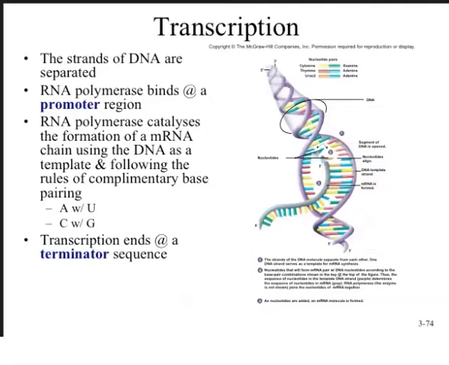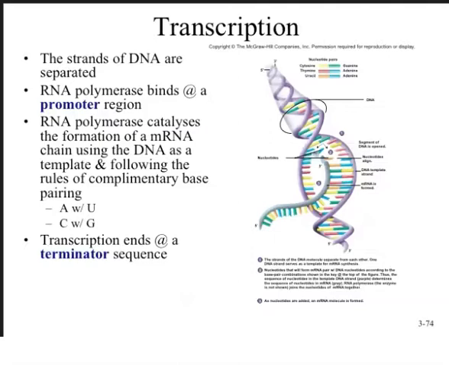It'll end at a sequence of DNA known as the terminator sequence, which contains sequence information that indicates to the RNA polymerase that it no longer needs to continue to incorporate nucleotides into the message, and the result is that the RNA will disengage from the DNA strand.